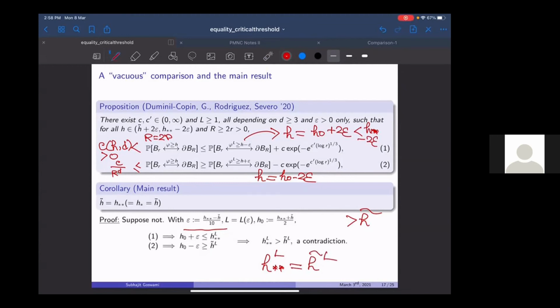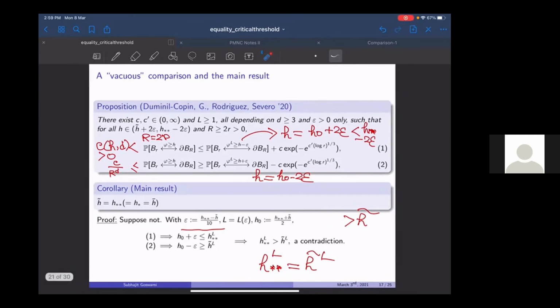I don't know if that was too quick. I can repeat it if you want, but you do the standard things and you get it from there. So that is the funny part of this result. You start from a regime which you ultimately end up proving doesn't exist.